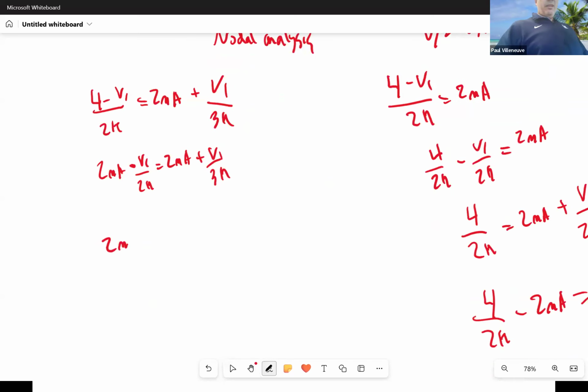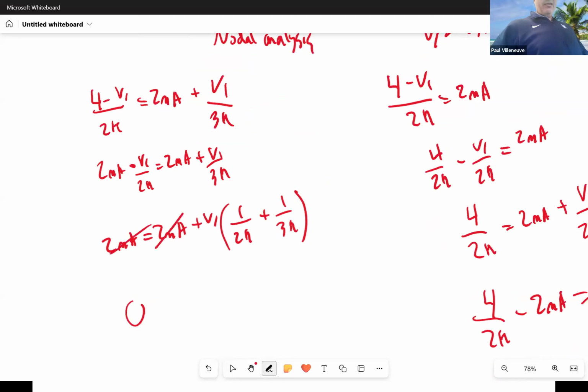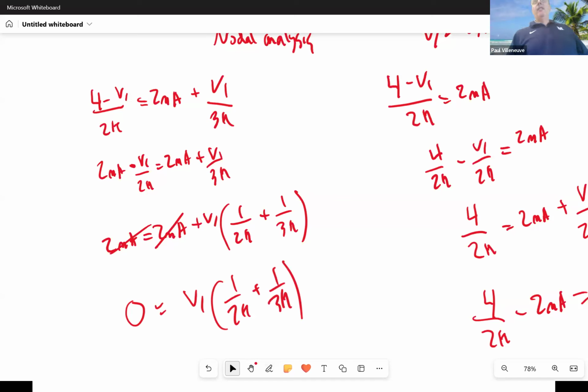So 2 milli equals 2 milli plus V1 times (1 over 2K plus 1 over 3K). So those will cancel out. So 0 equals V1. Oh, Arthur's approach didn't work either.